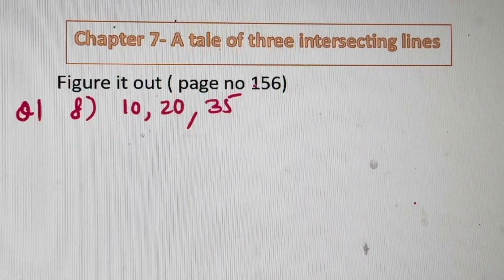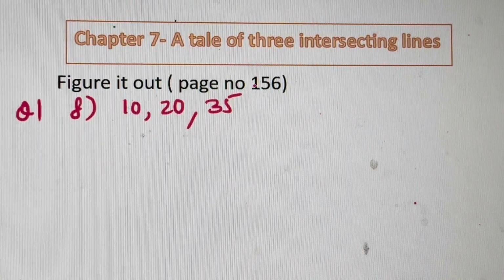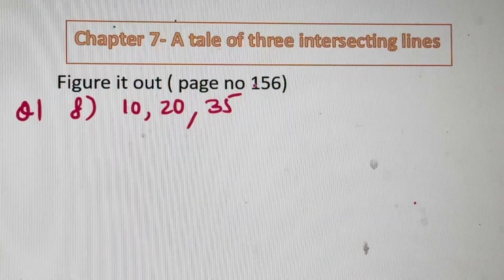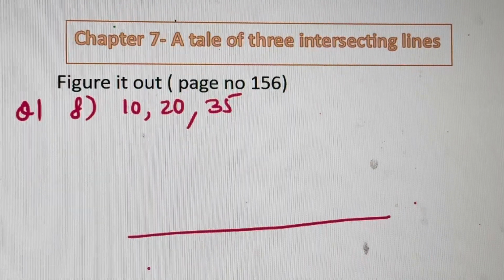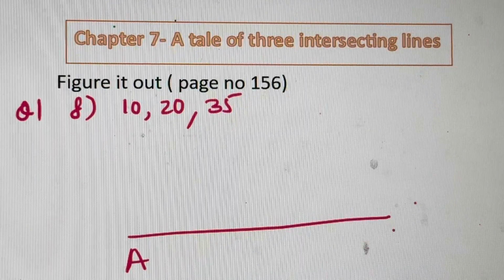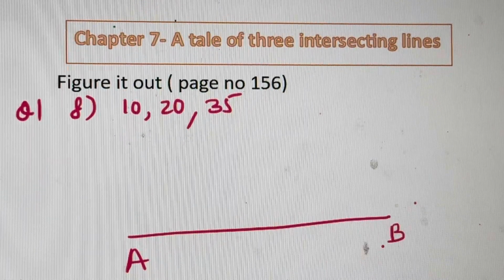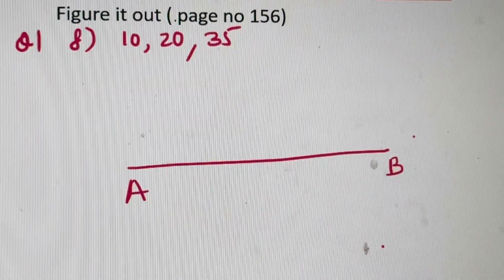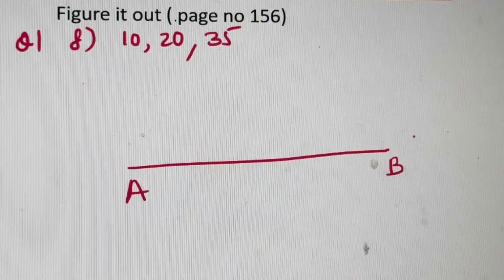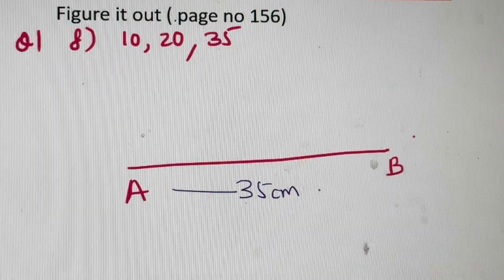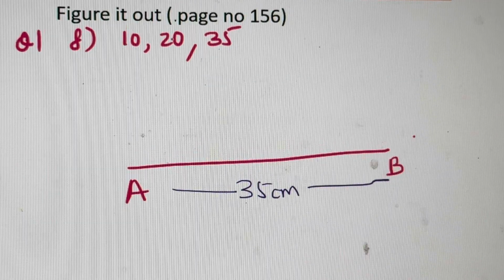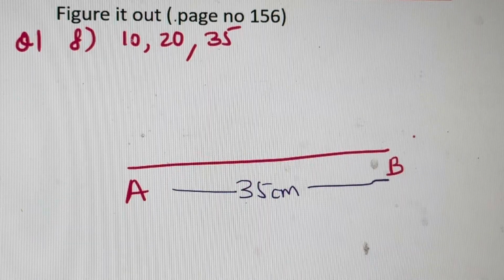Question number 1F: 10, 20 and 35. Right, so 35, the largest one, we take it as a base. We take the endpoints as A and B. Now this length is 35 centimeter from A to B. We'll take A as a center and 10 as a radius, right?